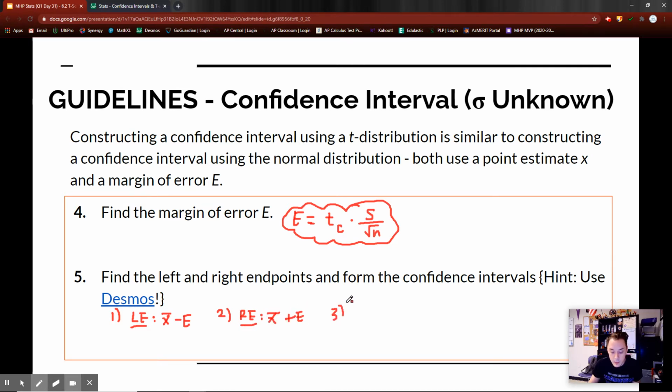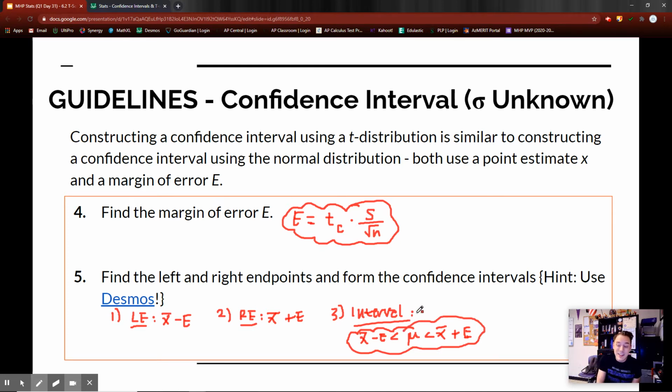And then my third step would be to put it all together to find my confidence interval. That would be my left endpoint, then my right endpoint. So that right there is really the interval.